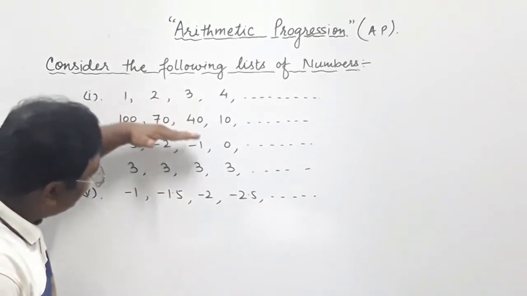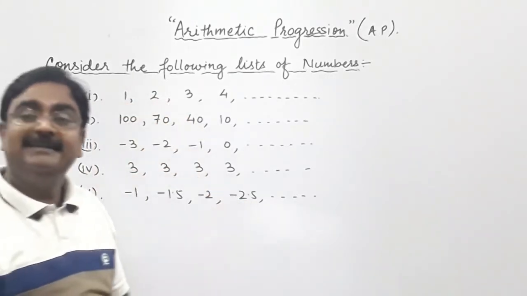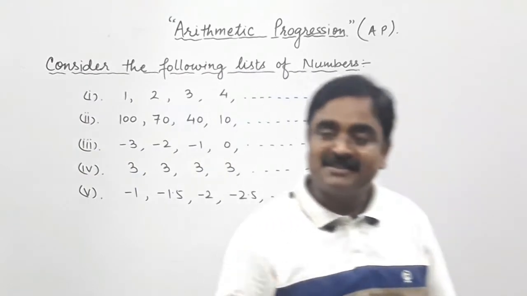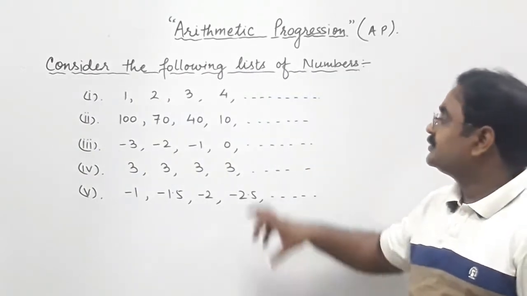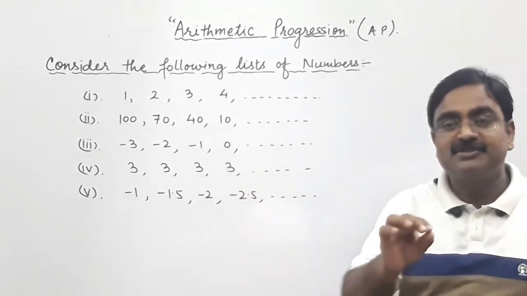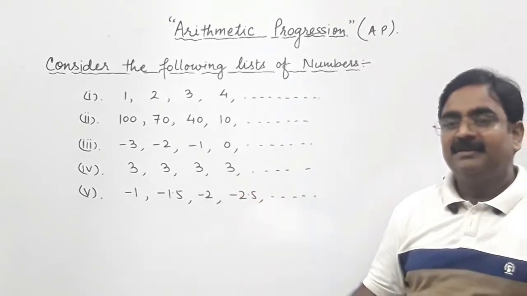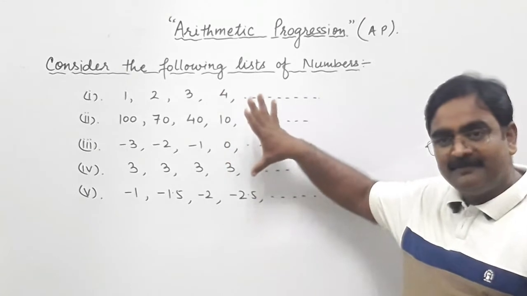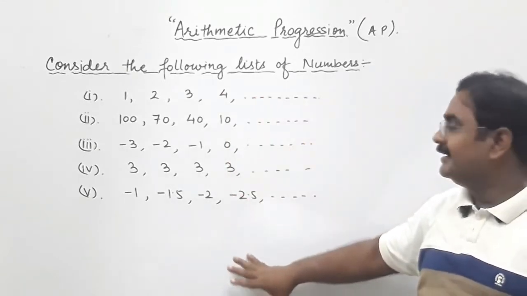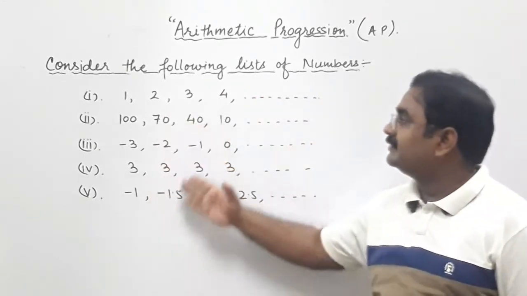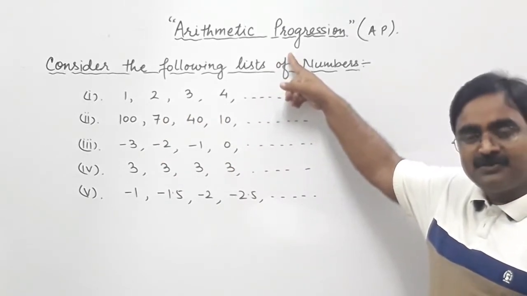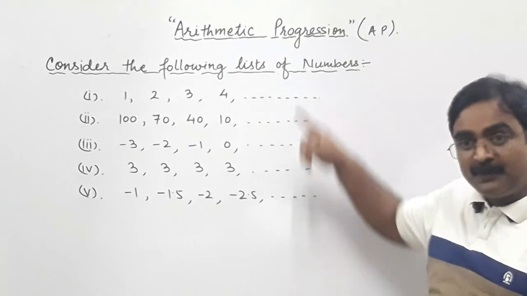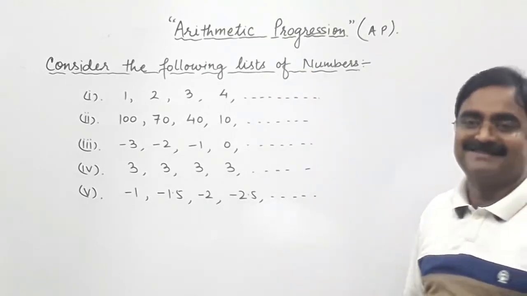Similarly, each and every example is following either adding or subtracting a fixed number, so it means every example is following a certain rule. That's why such type of patterns is called arithmetic progression. Right students? If any problem, let us discuss.